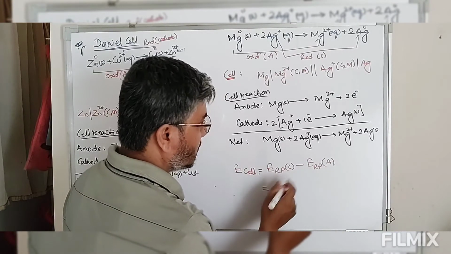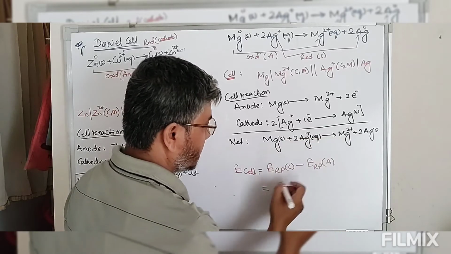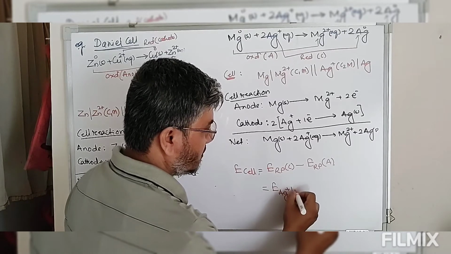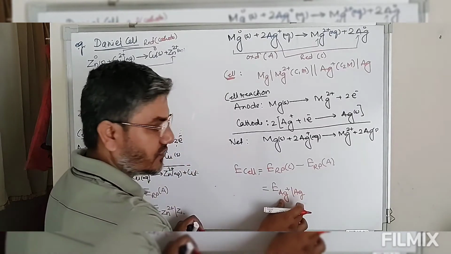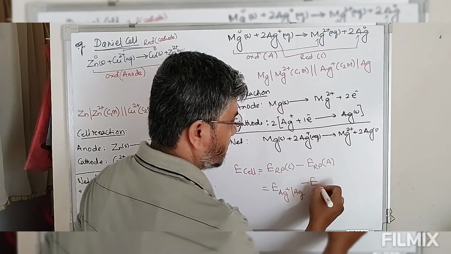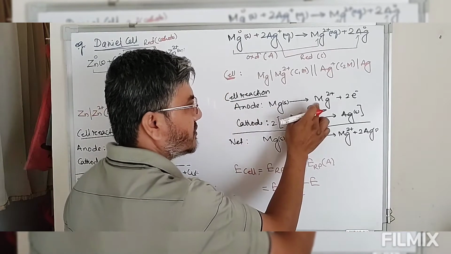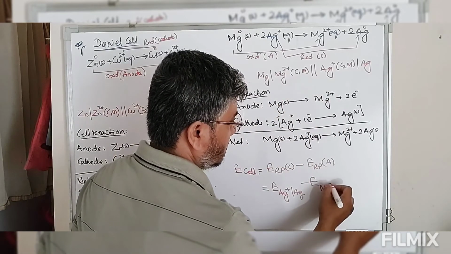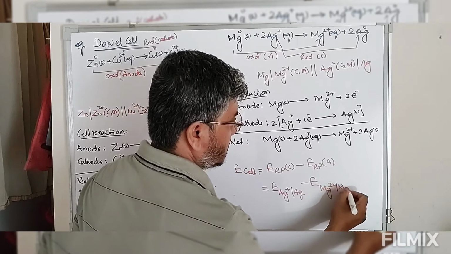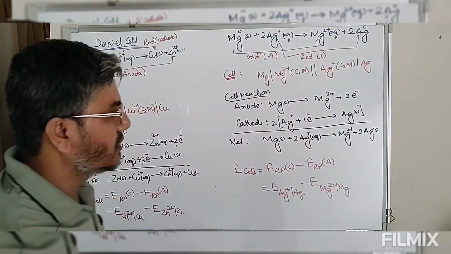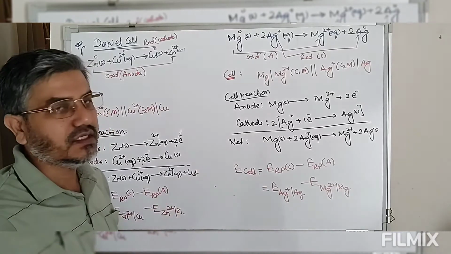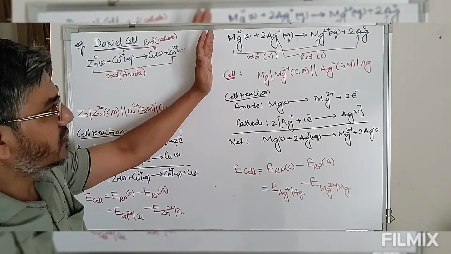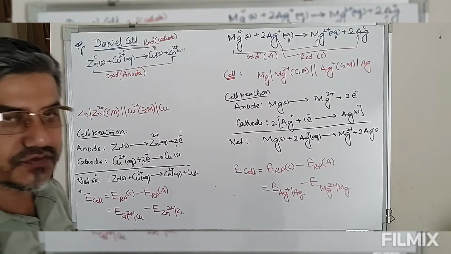Now cathode is Ag plus to Ag, so we write E of Ag plus to Ag, that is reduction potential of cathode, minus anode. Anode is Mg to Mg plus 2, reduction is Mg plus 2 to Mg. So this is the reduction potential of cathode and anode, and this is the cell potential. So this is another example of representation of cell.